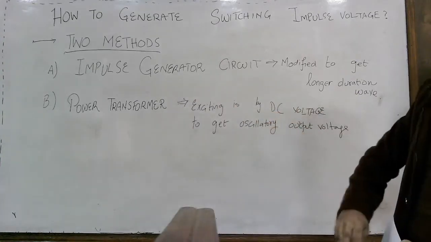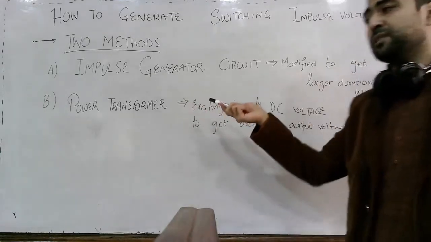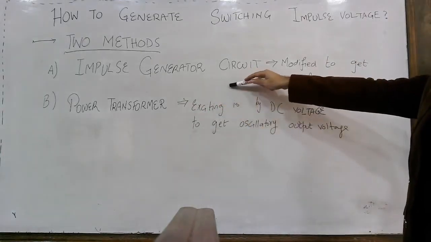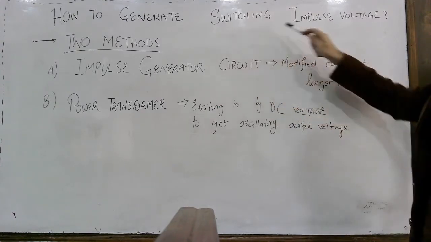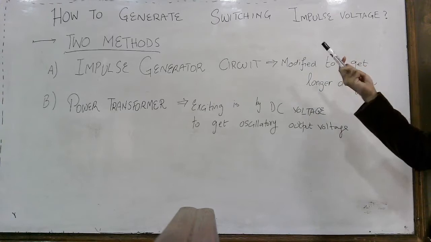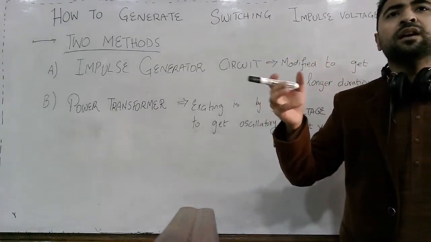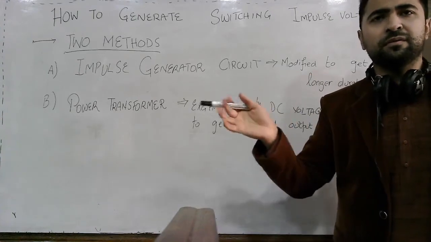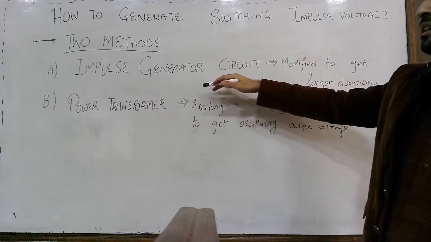It generates the impulse waveform, impulse voltage. We will modify it a little bit so that we get the switching impulse voltage, because the switching impulse voltage has a longer duration curve. In order to achieve longer duration, we will modify that circuit.